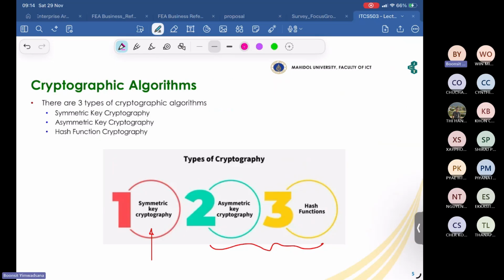There are three types of cryptographic algorithm. In the previous example, I showed you that a cryptographic algorithm consists of mainly two things in terms of the algorithm. We call this the protocol, because cryptography is highly related to communication and networking.